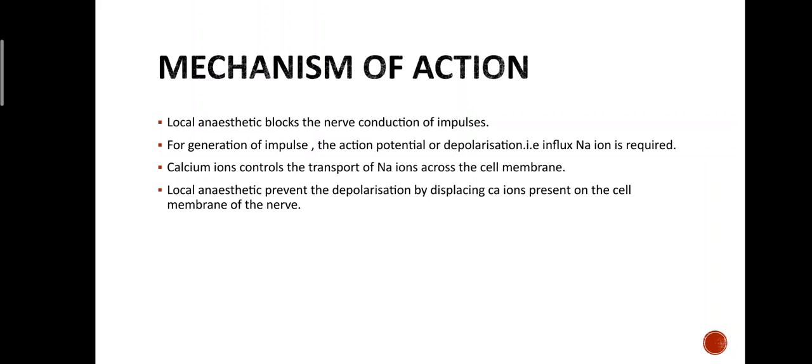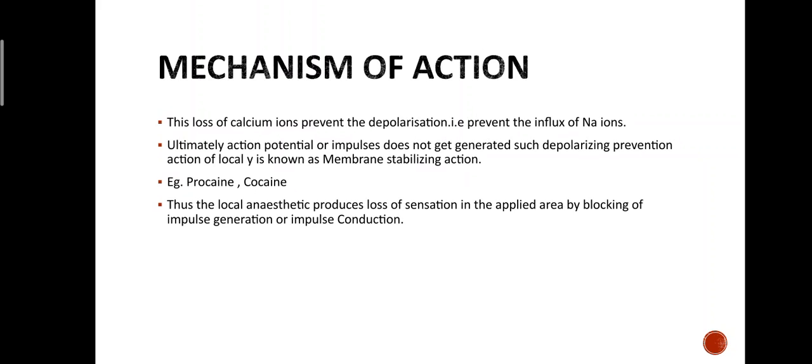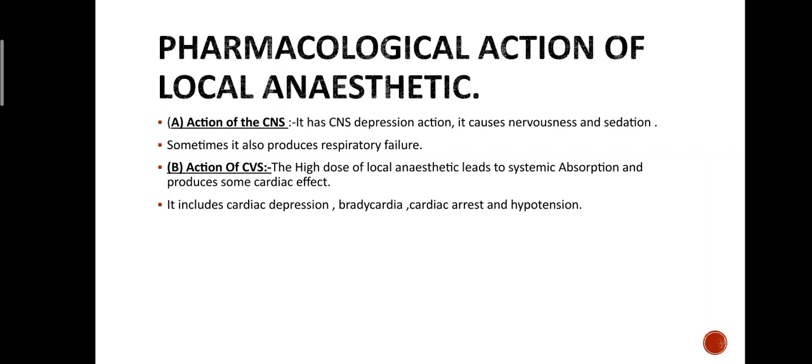Local anesthetics prevent the depolarization by displacing calcium ions present on the cell membrane of the nerve. Ultimately, action potential does not get generated. This action is known as membrane stabilizing action. Example, procaine and cocaine.